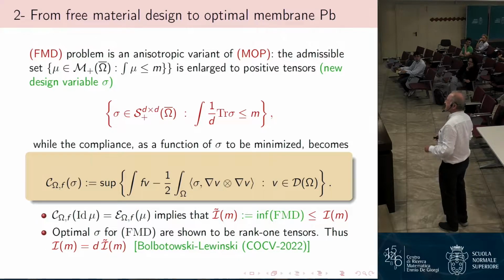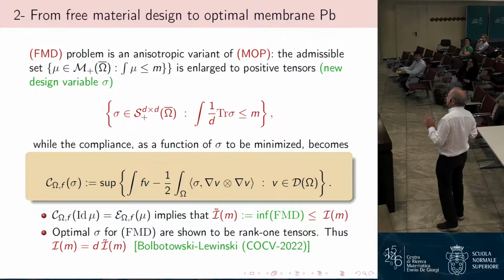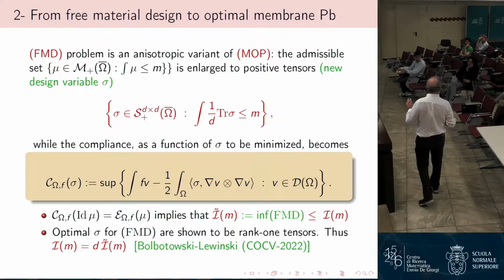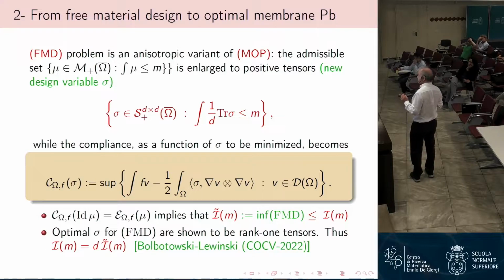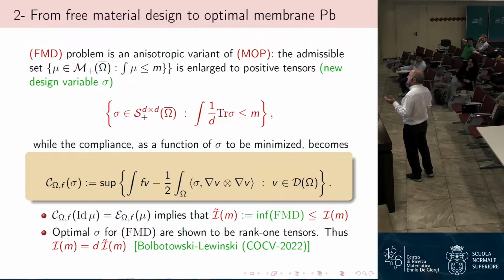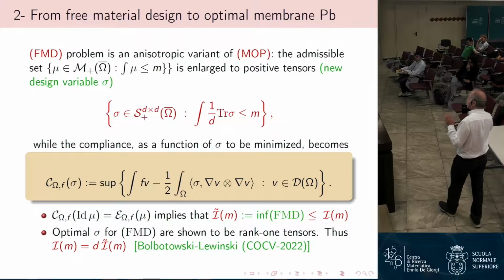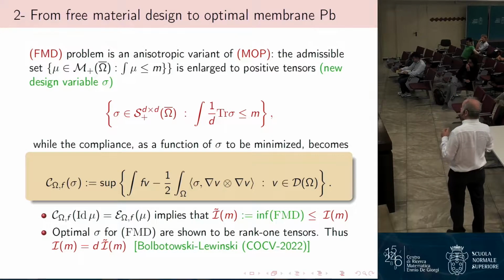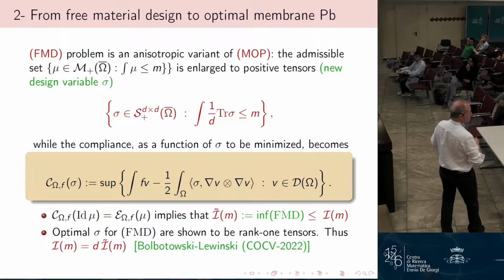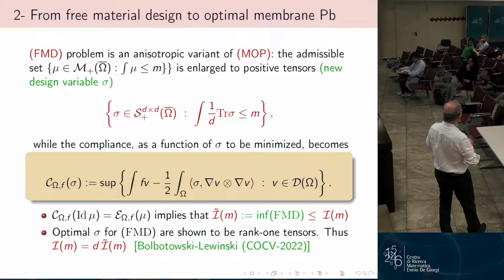So I consider now the optimal membrane. To explain it, I first make a substitution. Instead of taking a scalar measure, I replace the measure mu by a positive tensor measure, and the mass will be the trace of this measure.